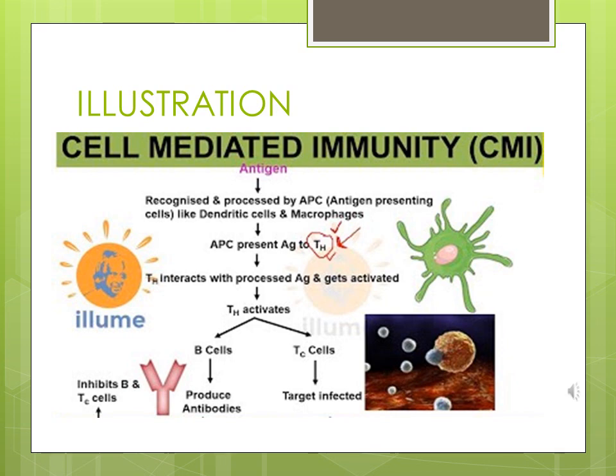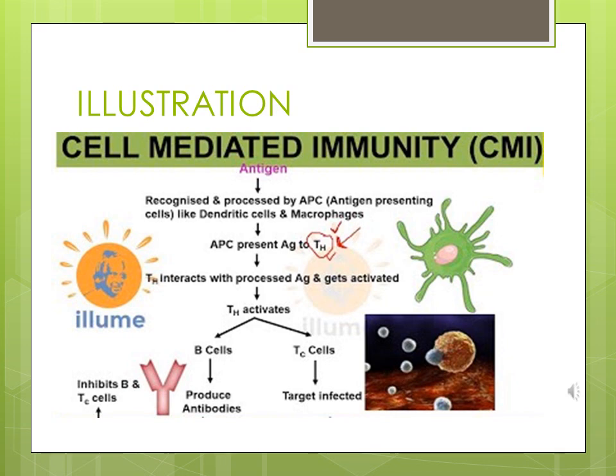That activated T8 cell may cause further activation of two types of cells. One is the B lymphocytes or B cell, another is the cytotoxic T cell or TC cell in abbreviation. The TC cell basically acts on the target, that means acts on the antigen, and thereby causes the further elimination of the antigen from the body of the host, or it may cause further damage to the antigen.